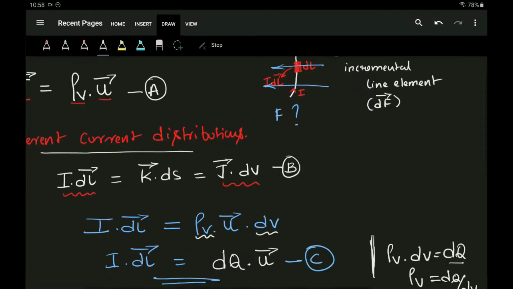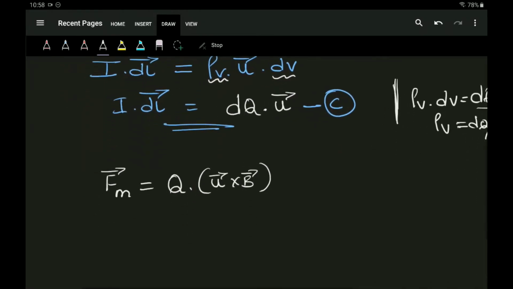So if I rewrite this expression in terms of that small force, the magnetic force dFm is equal to dq u cross B, because of a small charge which is moving within that line element.